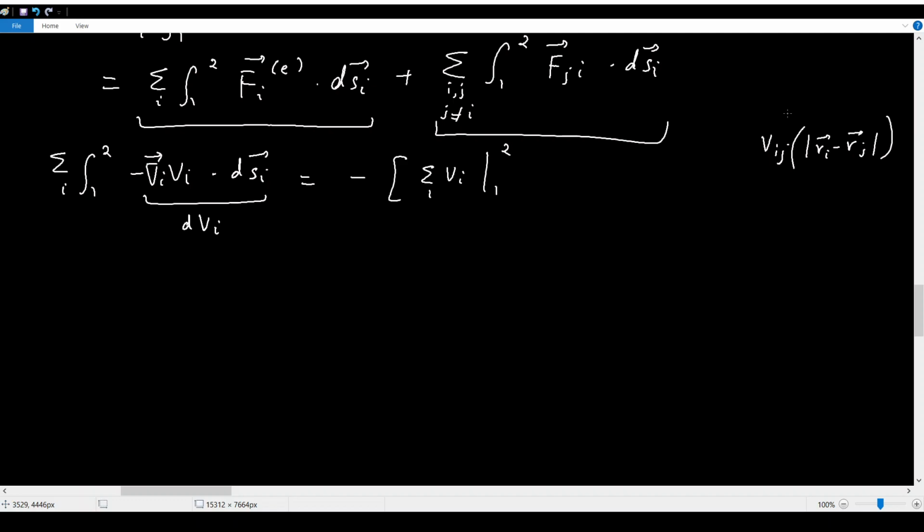So this just comes from the strong law of action and reaction. So now let us just consider the second term, summation ij, j does not equal to i, integral 1 to 2 f ji dot dsi.